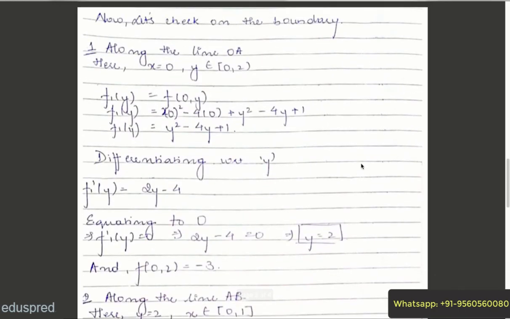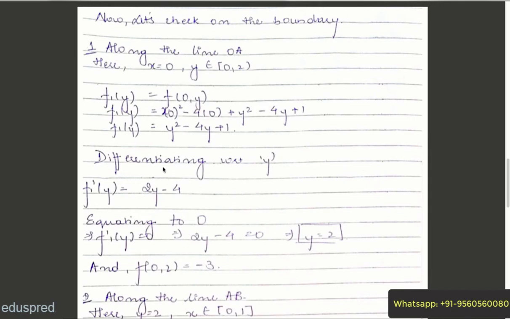Now let's check on the boundaries. Along the line OA, here your x is 0 and y belongs to 0 to 2. So your x is fixed, thus your function will be in terms of y only. Hence I will get f1(y) = f(0, y), and this will be 2(0)² - 4(0) + y² - 4y + 1, or f1(y) = y² - 4y + 1.